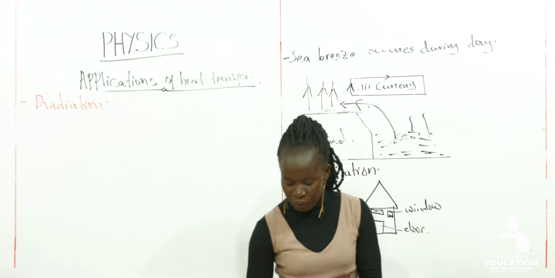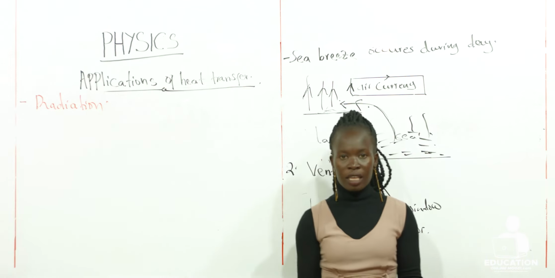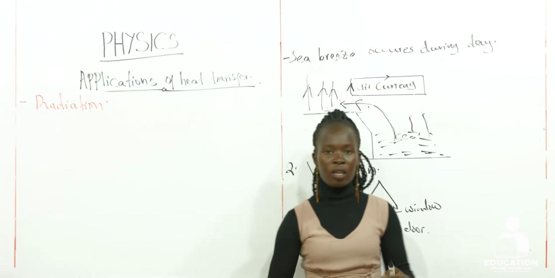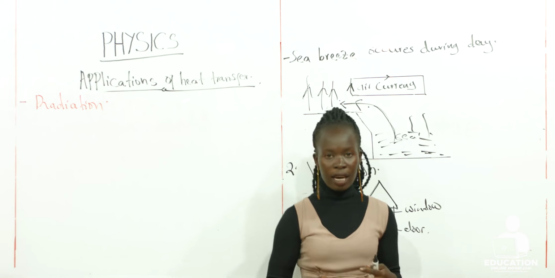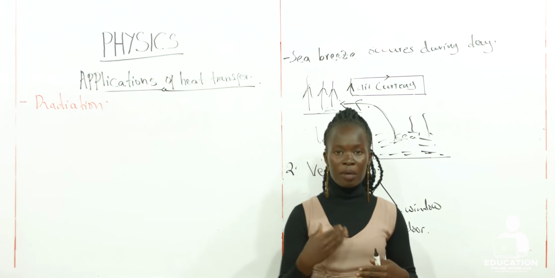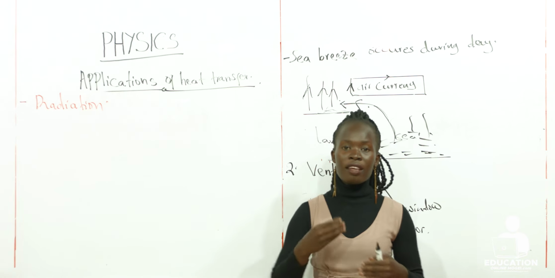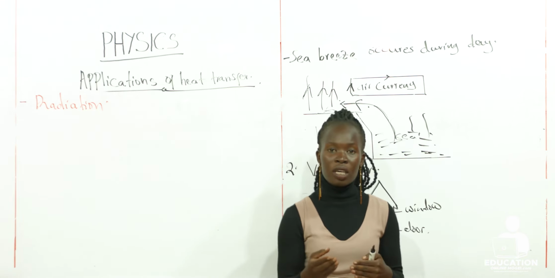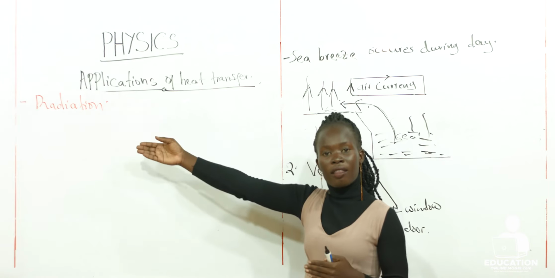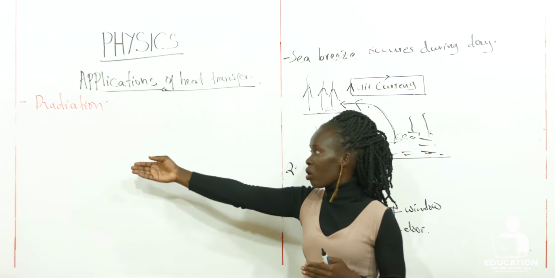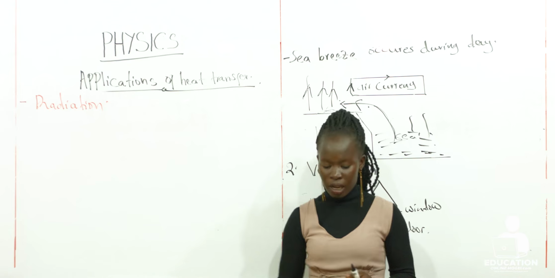You'll see that with radiation, mostly the applications are on the black and the dull surfaces. It can be dull or it can be bright. So the surface of any object determines the application, the use or the effect of this radiation.